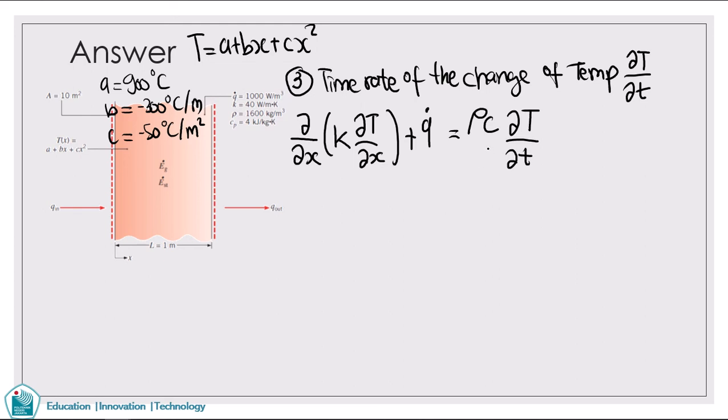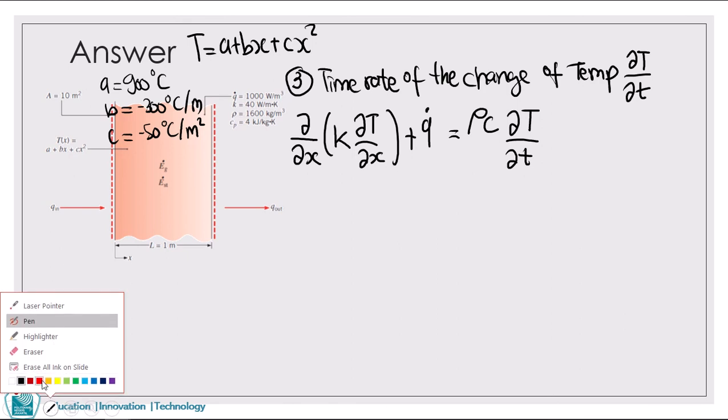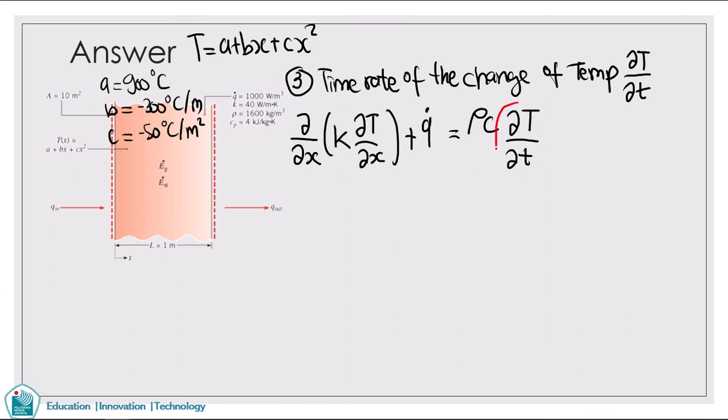Okay, so we need to find this one, which means the partial of the temperature over partial t.